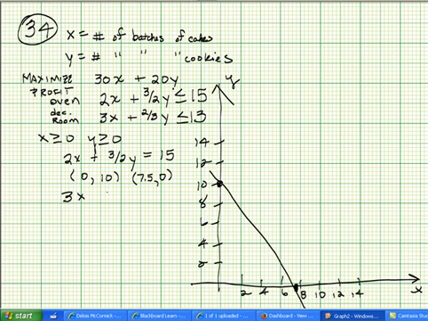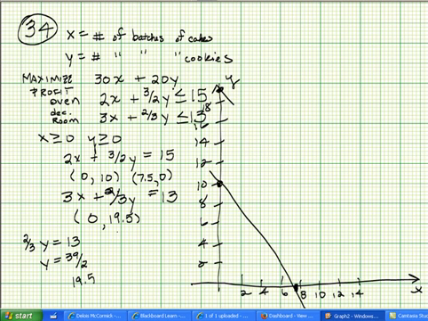3x plus 2/3 y equal to 13. Okay, if x is 0, 2/3 y equals 13, y equals 39/2, which is 19.5. 19.5 is going to be way up there.